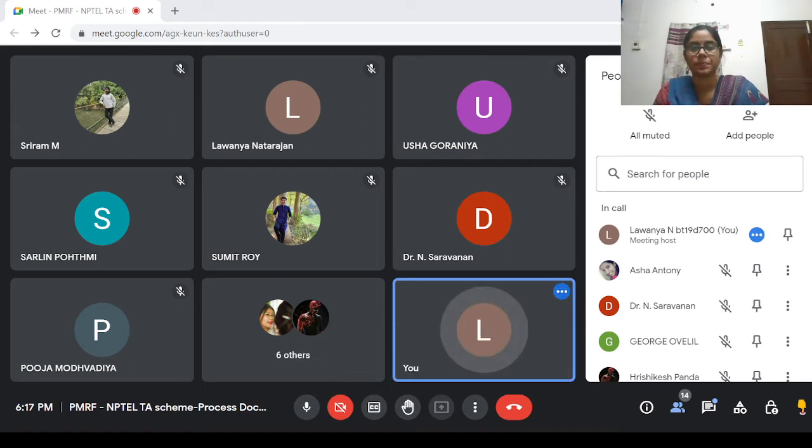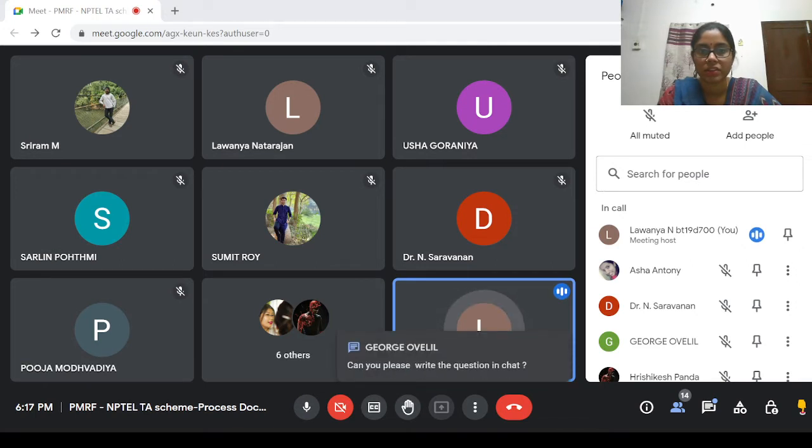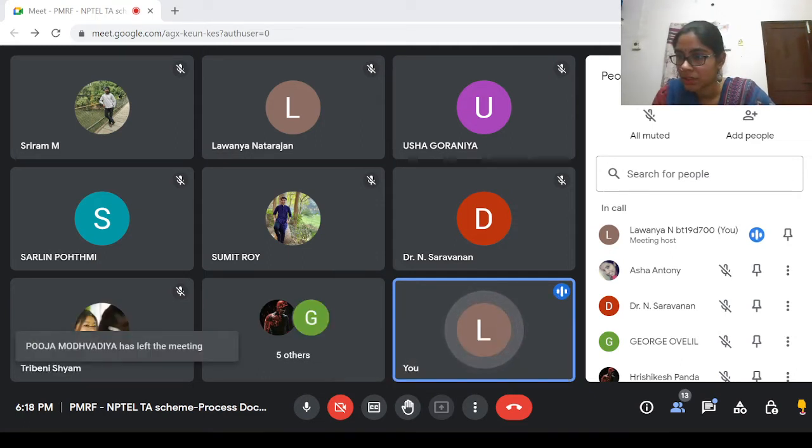So in the first question, we are starting with two scenarios. Okay, you have Cochin on one end and Delhi on the other. So the initial investment to set up a plant in Kochi is 2,500 crores, and that, can you please write the question in chat?